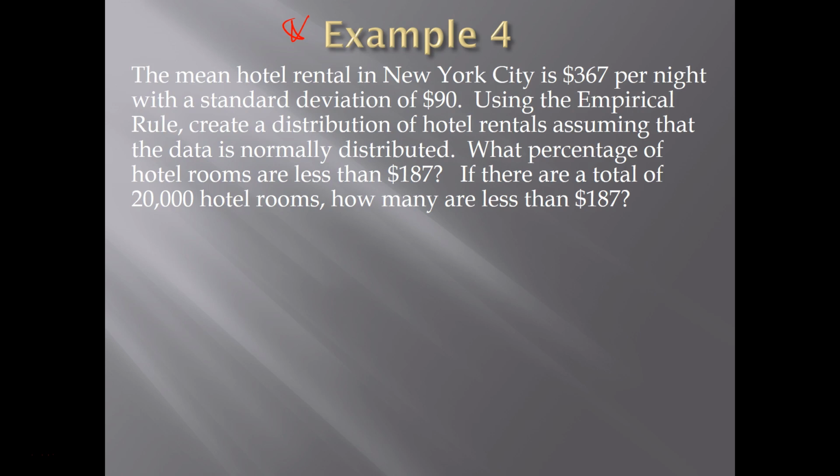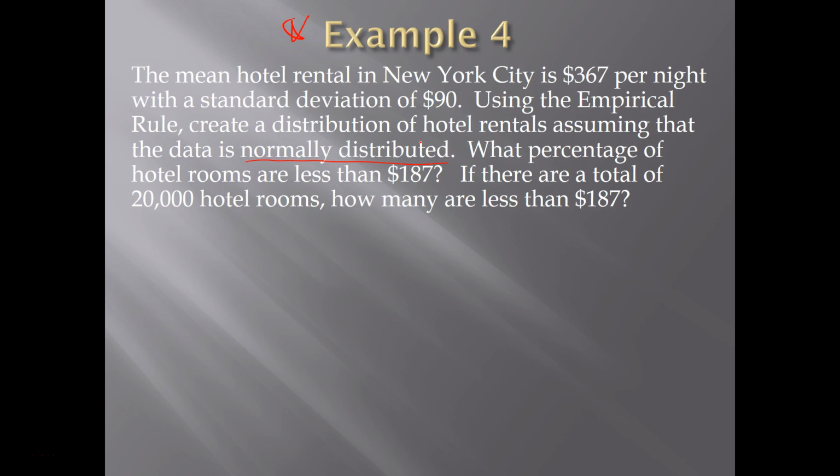This is our only real example here of where we're dealing with real travel expenses. It says the mean hotel rental in New York City is $367 per night, with a standard deviation of $90. Use the empirical rule. Create a distribution of hotel rentals assuming that the data is normally distributed.